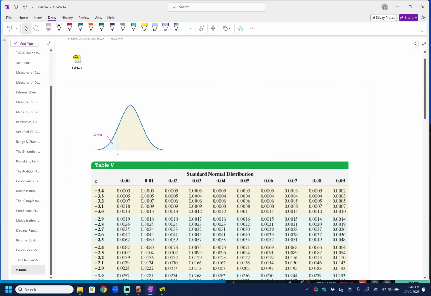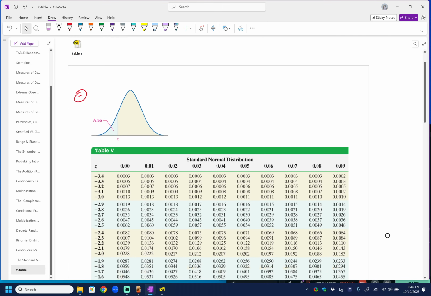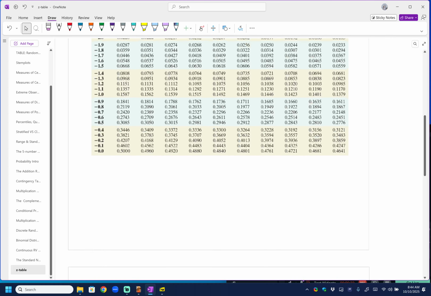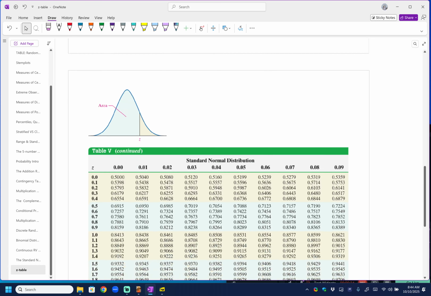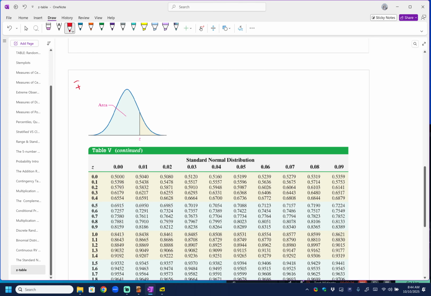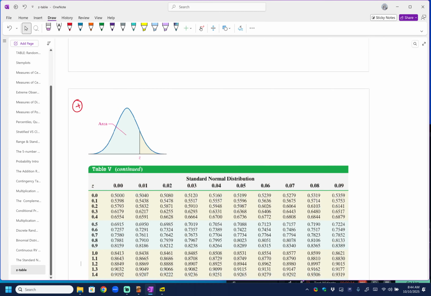That happens to be this side. And you'll see along these row values that there are all negative symbols in front of the numbers. Whereas the other side deals with positive z-scores. You can see again, the negative values are no longer there, which implies that these are going to be positive.